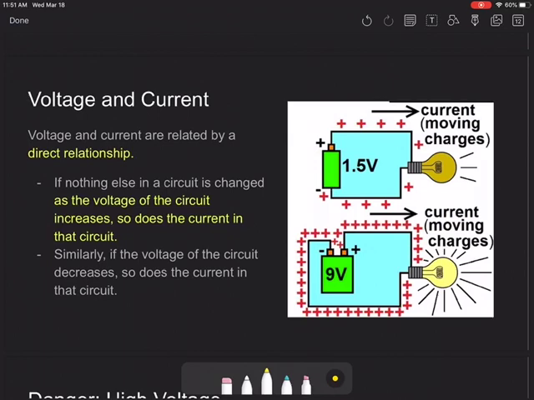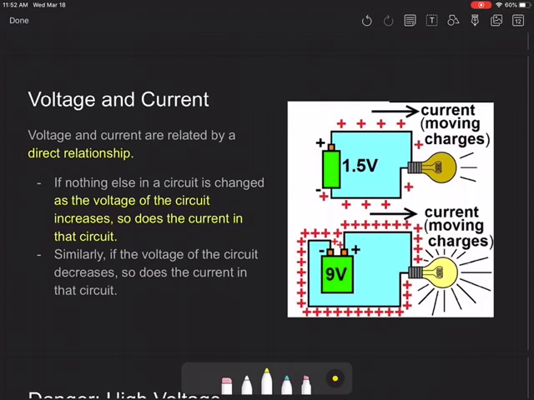If I have a higher voltage, that's a stronger push on the electrons. And if I'm pushing them harder, they are traveling faster. Okay, so our current is our amount of charge over time, so pretty much the speed of our charge moving around our circuit, where our voltage is how big of a push we have to make those electrons speed up. So it's directly related.